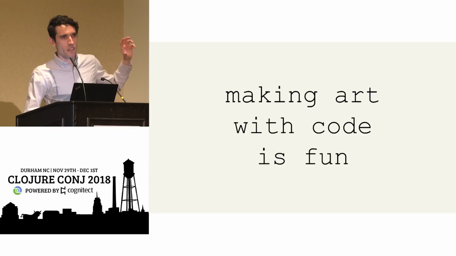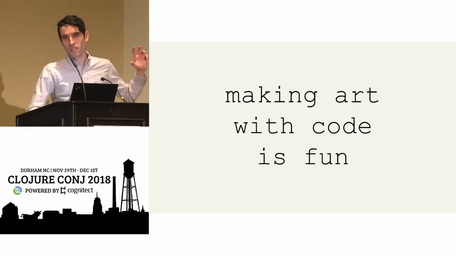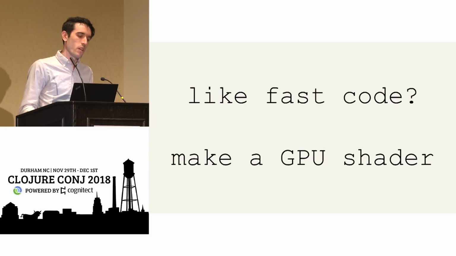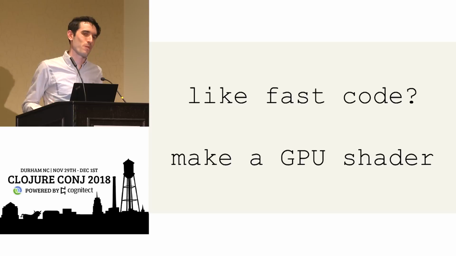Apart from just the artistic challenges, there are a lot of interesting engineering challenges that come out of doing this type of work. So if you want to write really fast code, you can work on writing a real-time GPU shader, and these things have incredibly high throughput.